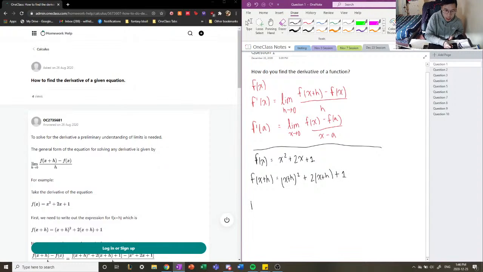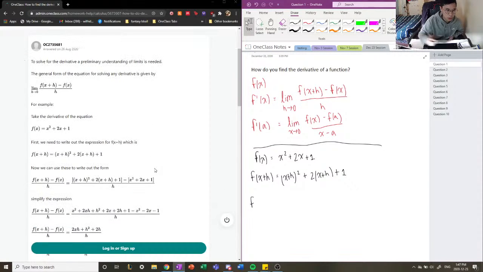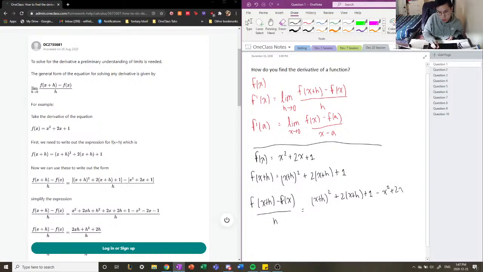All right, so that means that f of x plus h minus f of x divided by h is going to be given by x plus h squared plus 2 times x plus h plus 1 minus x squared plus 2x plus 1, all divided by h.